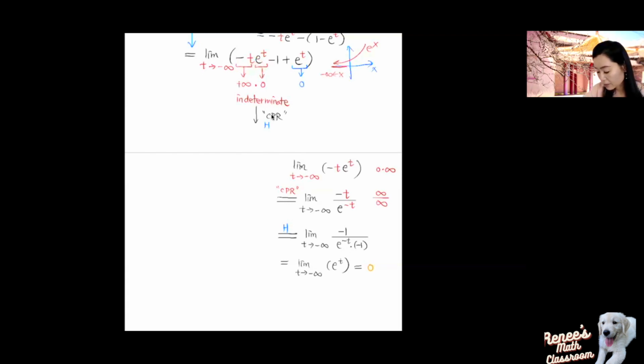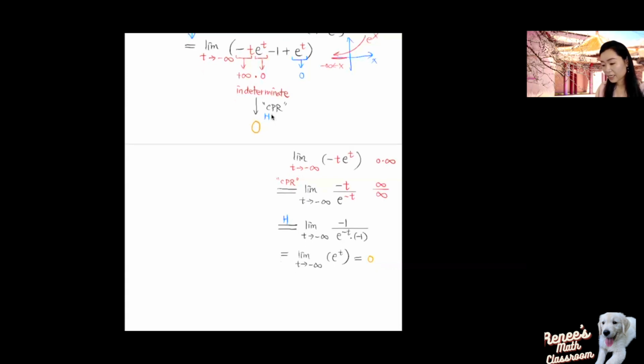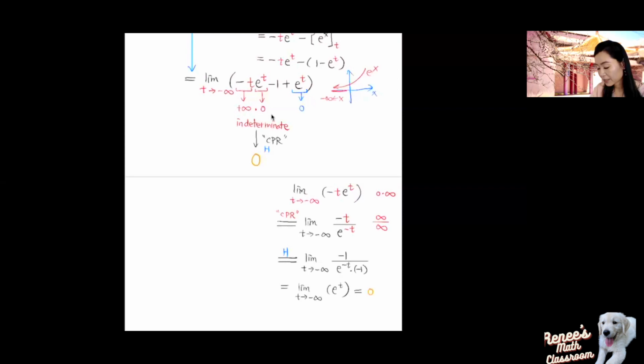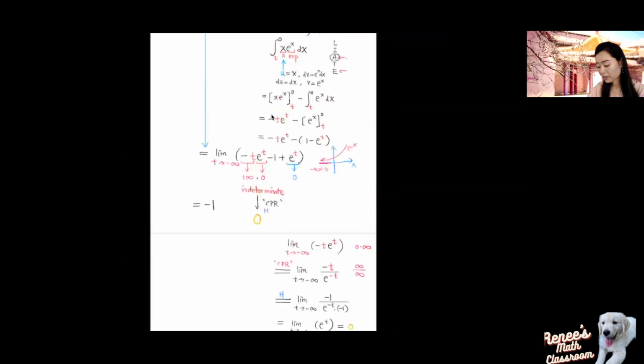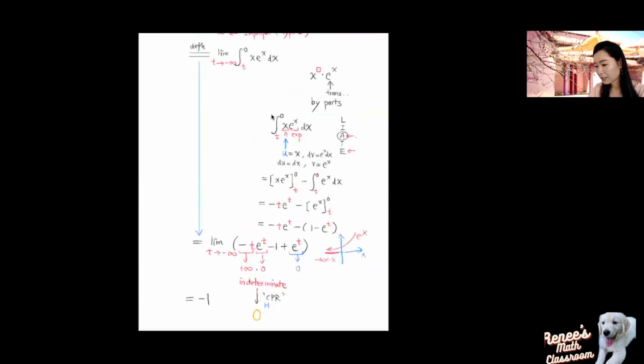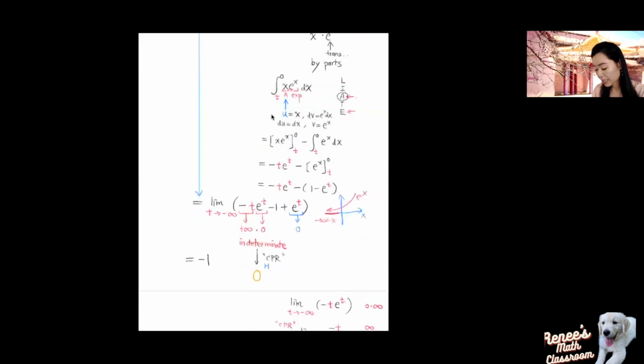Finally, this whole limit will be 0 minus 1 plus 0, so this limit will be equal to negative 1. We just found that this improper integral is equal to negative 1.